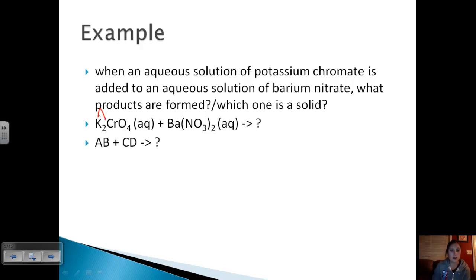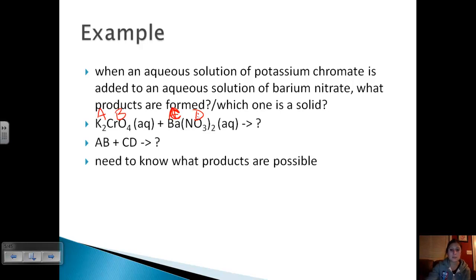Potassium is our first cation, chromate is our first anion, barium is our second cation, and that nitrate is, this should be C, not A. Nitrate is our second anion, which is D. So they're basically going to switch places, which is why it's called the double replacement reaction. And A is going to go with D, and C is going to go with B. Because remember, we always want to list the cation first. Okay, and that's why A and C are our cations.